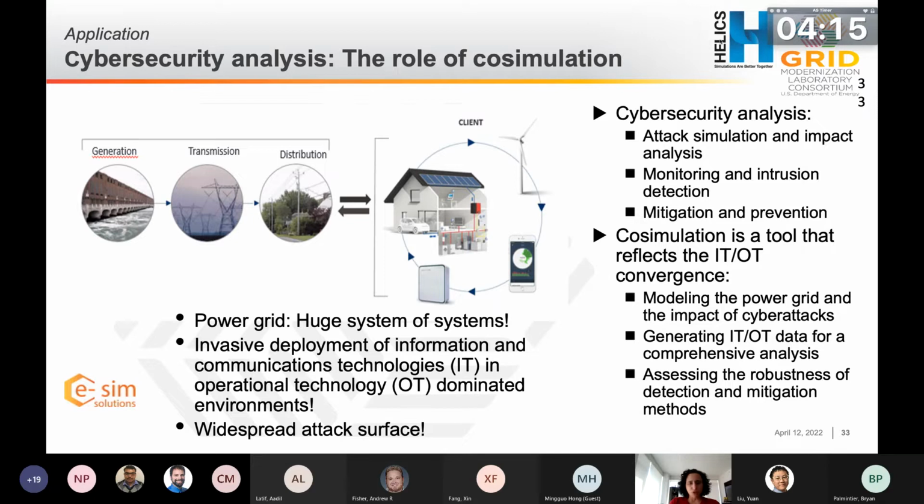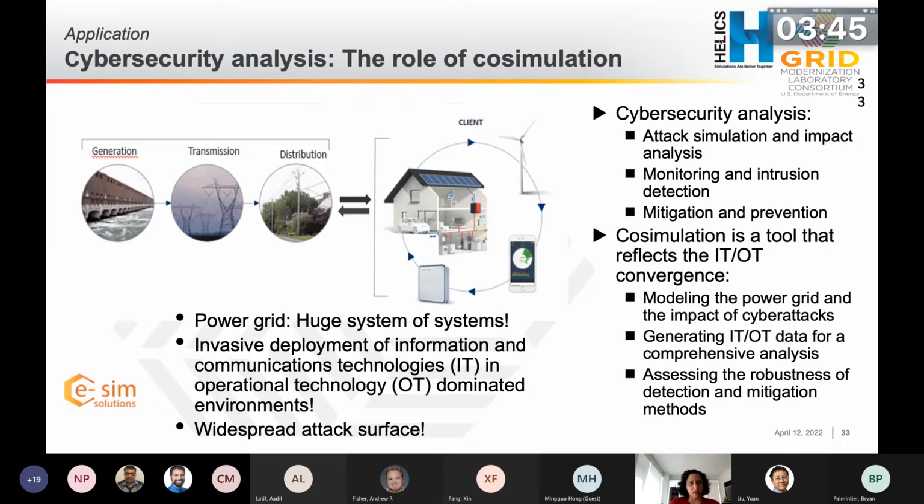Our approach for cybersecurity analysis requires us to have the means to simulate attacks and analyze their impact, develop monitoring and intrusion detection methods, as well as mitigation and prevention means. We ended up with co-simulation because it allows us to model the IT-OT convergence, the coexistence of communication networks with power systems, including the control and automation processes.